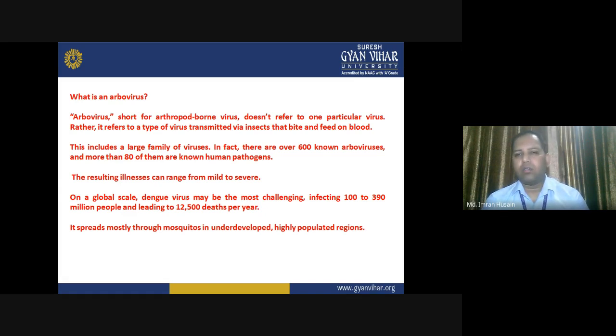In fact, there are over 600 known arboviruses, and more than 80 of them are known human pathogens. So you must always be aware of that. The resulting illness can range from mild to severe. You can have some sort of mild illness, and then it can turn into very severe illness also.